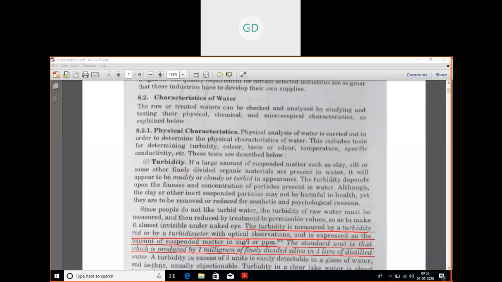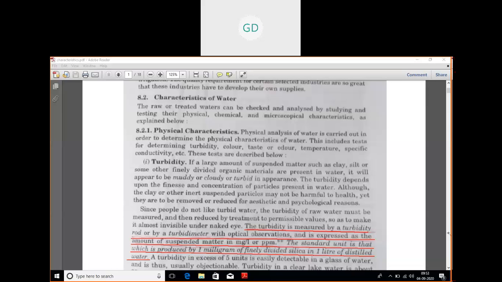What is written here is that the standard unit is that which is produced by 1 milligram of finely divided silica in 1 liter of distilled water. This means that in 1 liter of distilled water, 1 milligram of silica is present.